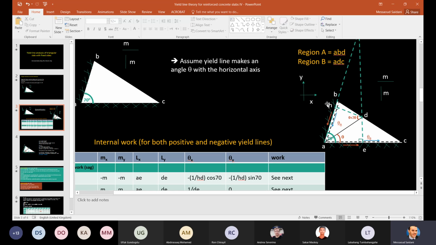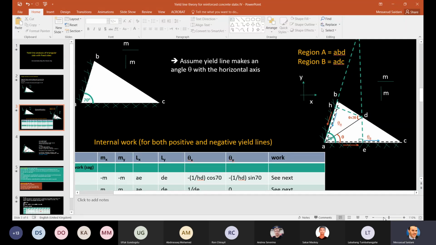You get a hogging moment at this side here. So therefore, you have negative yield lines, and these are the yield lines where the slab could also fail. So we have a positive yield line AD, then we have the negative yield lines along the sides of the slab where it is fixed.